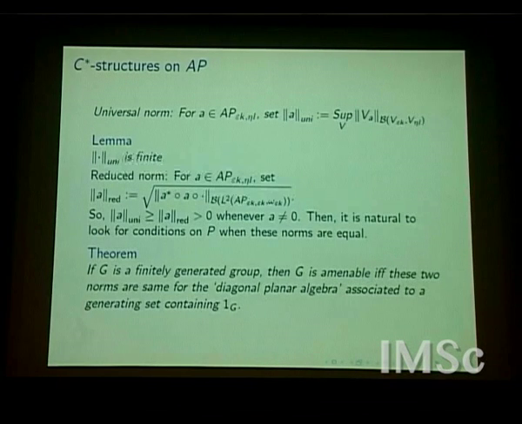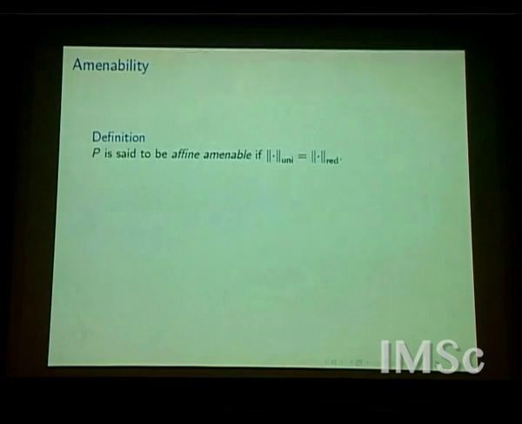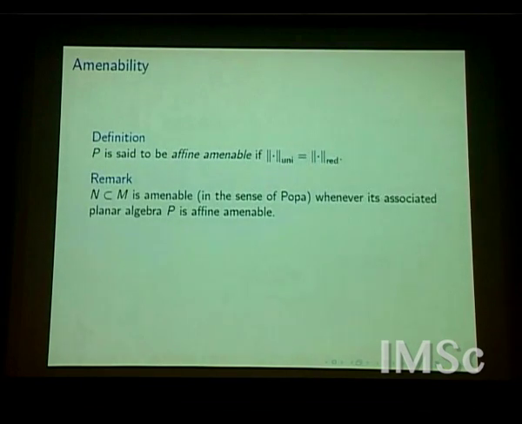What we could prove in an example is, if we take a finitely generated group, there is something called diagonal planar algebra, and we could show that G is amenable if and only if these two norms are the same. So, affine amenability we define as the universal norm becoming the same as the reduced norm, and there is an amenability in the context of subfactors, which was given by Popa.